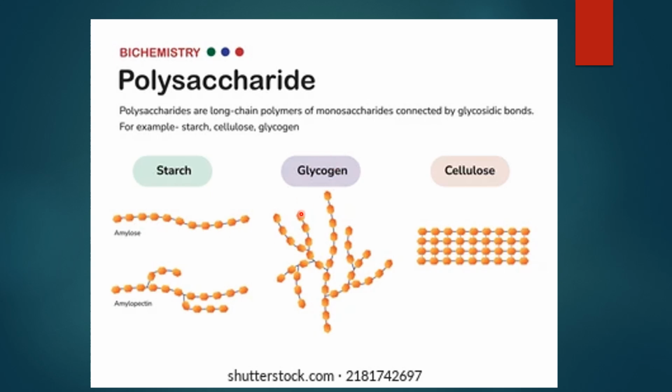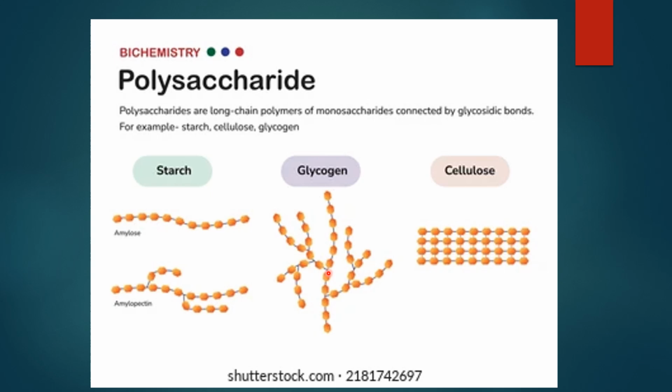And this is a glycogen, and the glycogen is a form of glucose storage in humans and animals. It's stored in the liver. The glucose is stored in the liver as a form of glycogen.